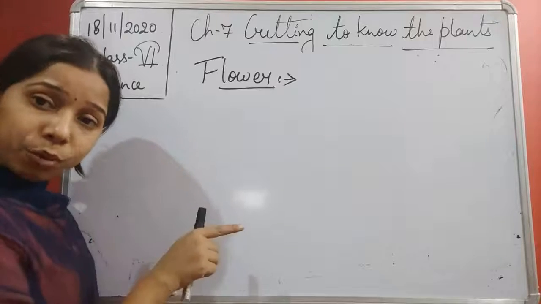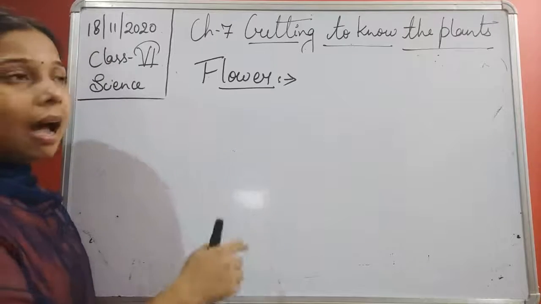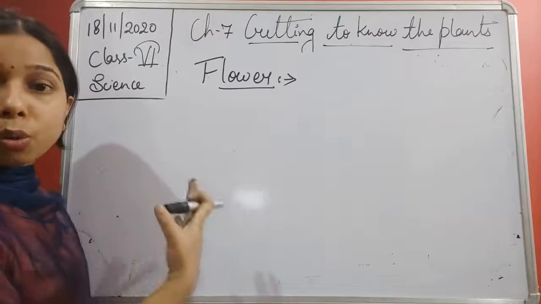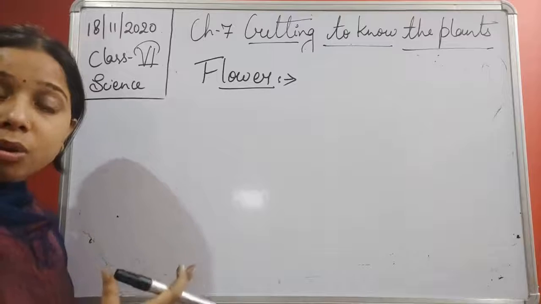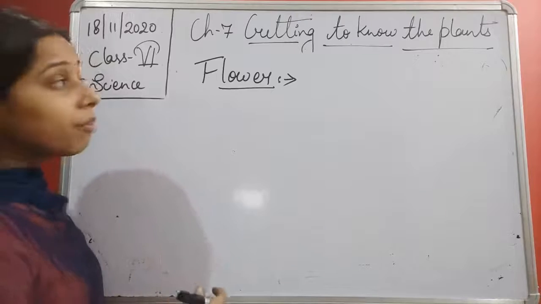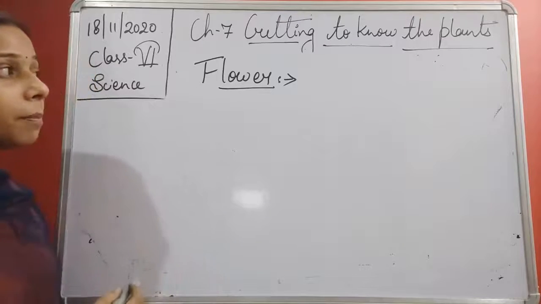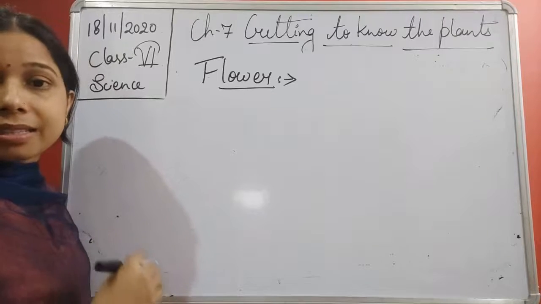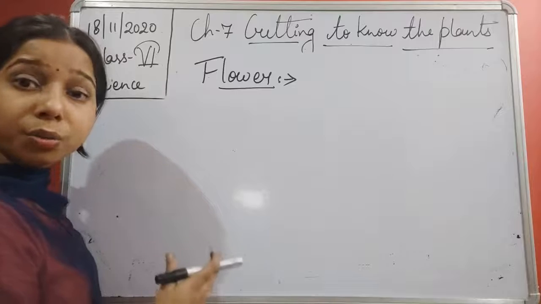That fruit consists of the seed, and that seed is able to show the process of growth or formation of a new plant. So flowers are responsible for the formation of the seed, or we can say they help in the formation of a new plant.